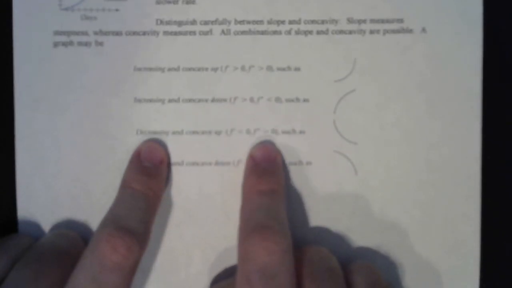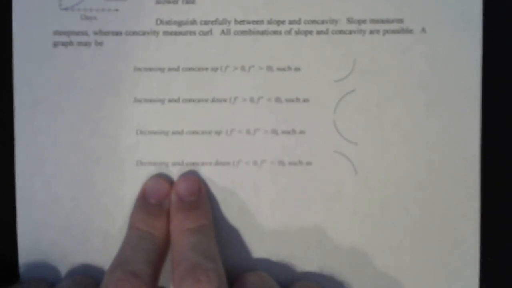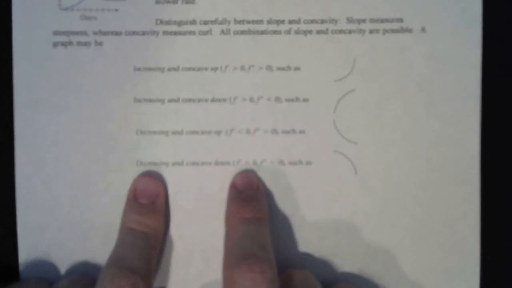When we're decreasing and concave up, first derivative less than 0, second derivative positive, it looks like this. And when we are decreasing and concave down, first derivative negative, second derivative negative, it looks like this. So you can use this as a nice key for what your graph shape should look like.